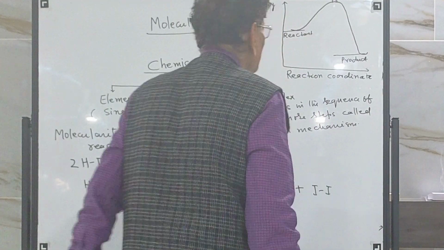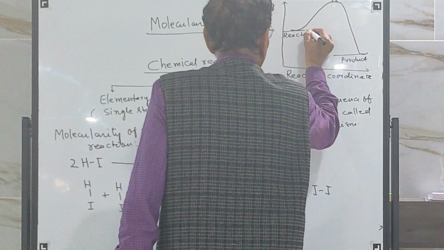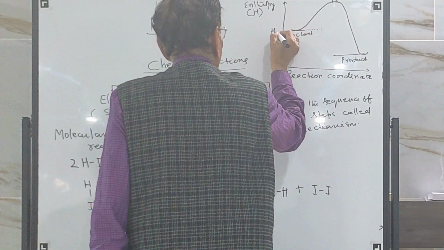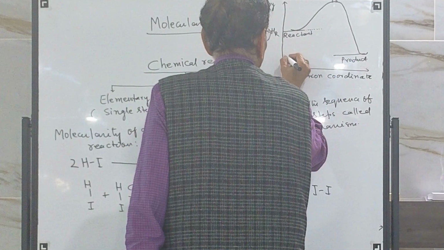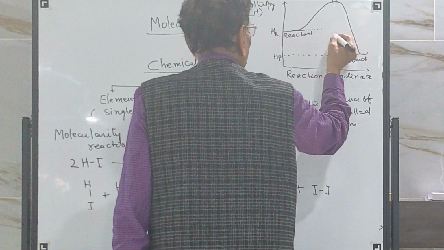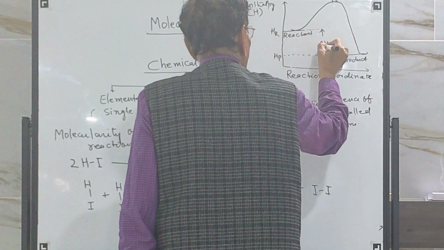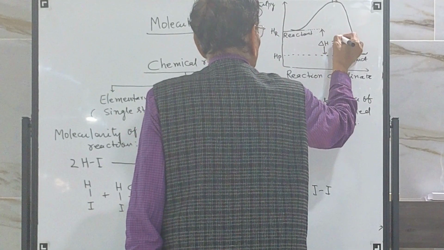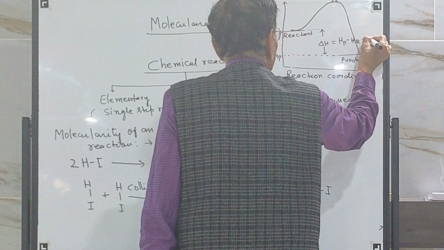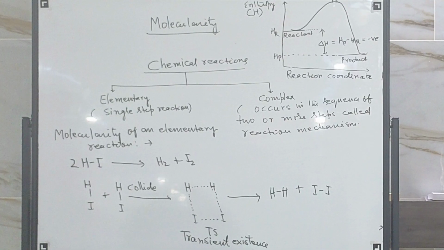It has the highest energy in the reaction path. The enthalpy of reactant is HR, and here the enthalpy of product is HP. So this is delta H of the reaction, equal to HP minus HR, and this is negative. That is, the reaction is exothermic.